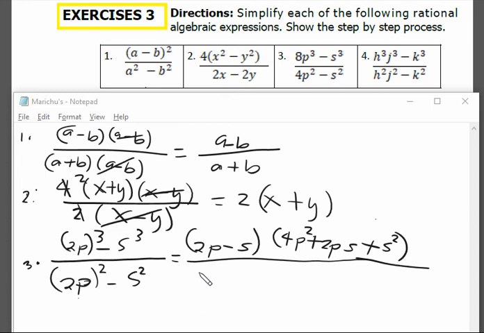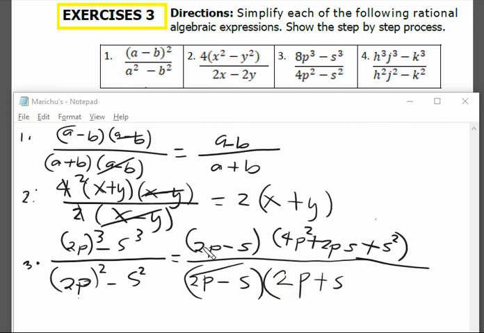Then the factors of this are 2p minus s times quantity 2p plus s.